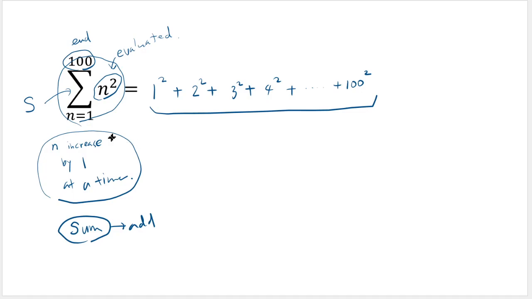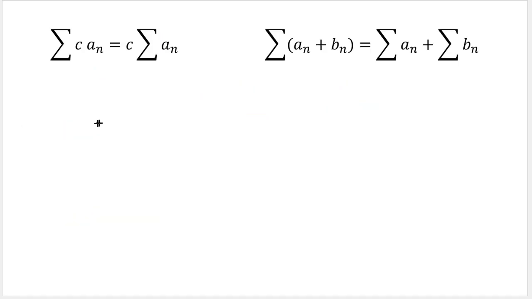Now, because of this, whenever you see any kind of formula for the sigma notation, like this one or this one, don't try to memorize them as formulas, but just think about what it means when it's actually in action. So here, if you have some constant c in front of some a_n, so a_n is like a function of n.